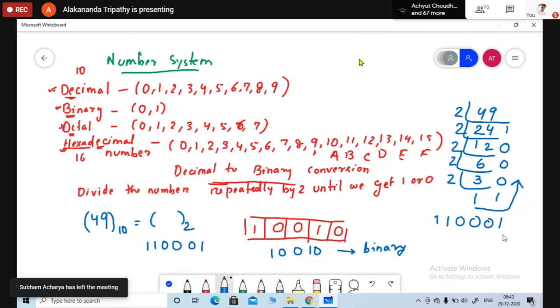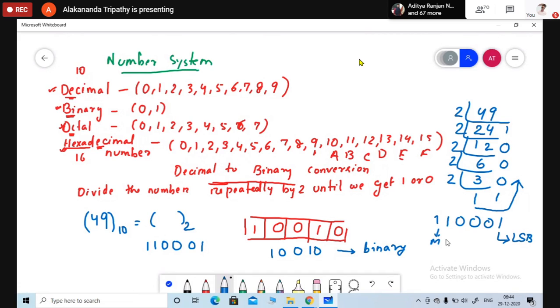And remember one thing, this bit is known as your LSB and this bit is known as your MSB. It is your least significant bit and this one is your most significant bit. All of you clear with these 2 bit positions? Yes, ma'am.